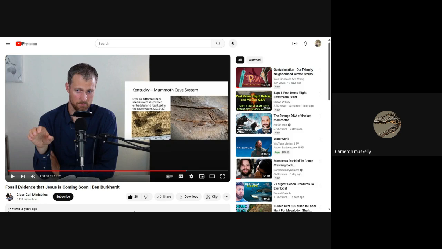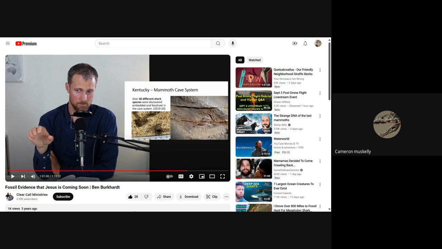And these are all elasmobranchs, and elasmobranchs consist of modern sharks. They're cartilaginous fish. Not all cartilaginous fish are sharks, but they do represent sharks. Elasmobranchs are a group of cartilaginous fish that do contain sharks.